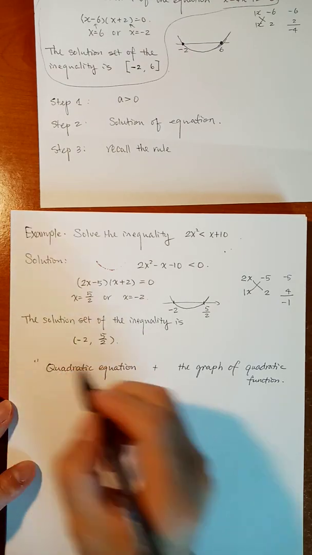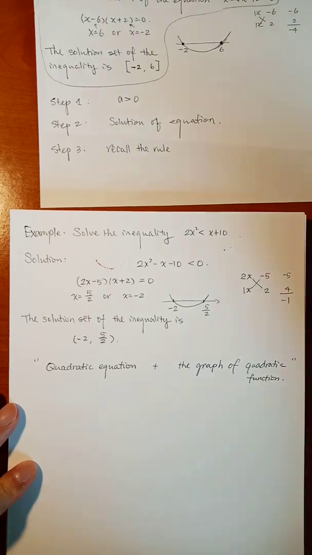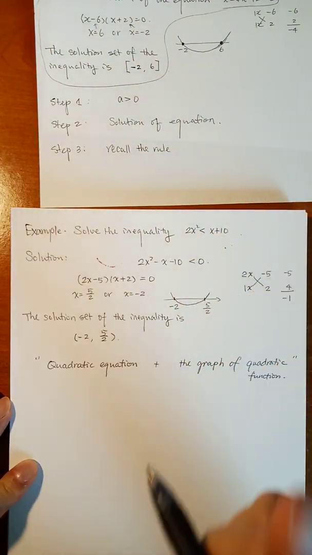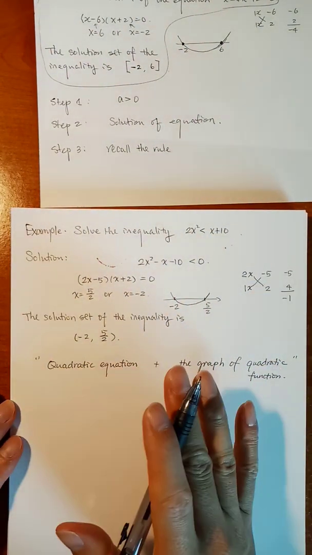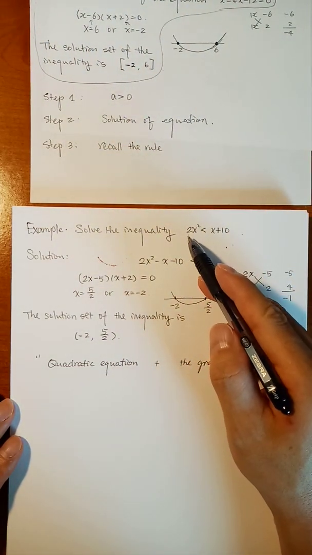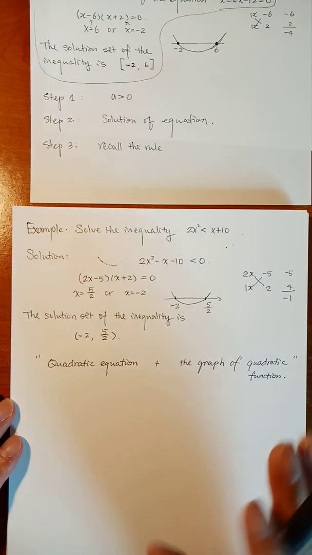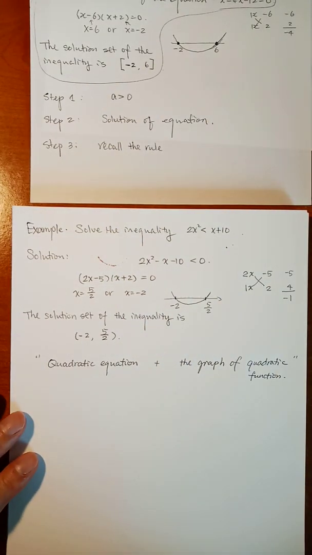You use these two parts, you can determine the solution. And make sure that we just want to simplify the process, simplify the rule. We always require the leading coefficient a to be positive. If a is negative, we will make it positive. All right?